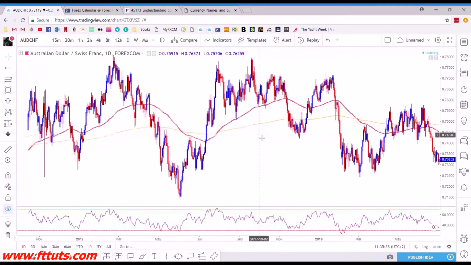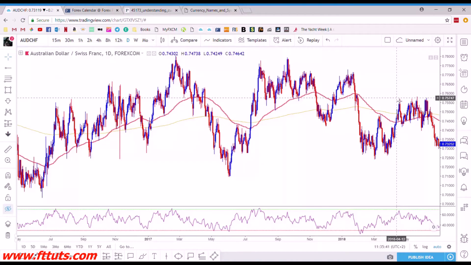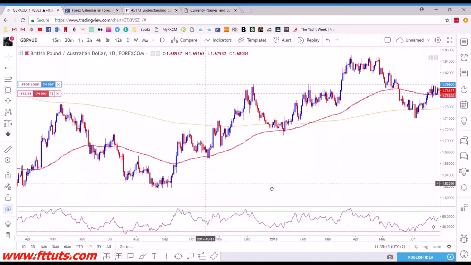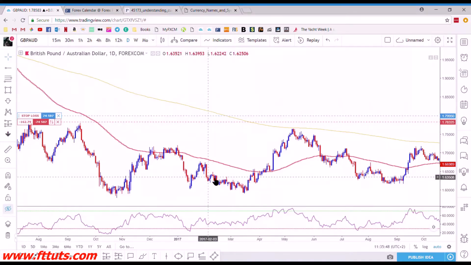When we see some slow moves, maybe this one, that could be the British pound is going down and the Australian dollar is also going down. So that means it should be flat. However, the British pound goes down more than the Australian dollar.